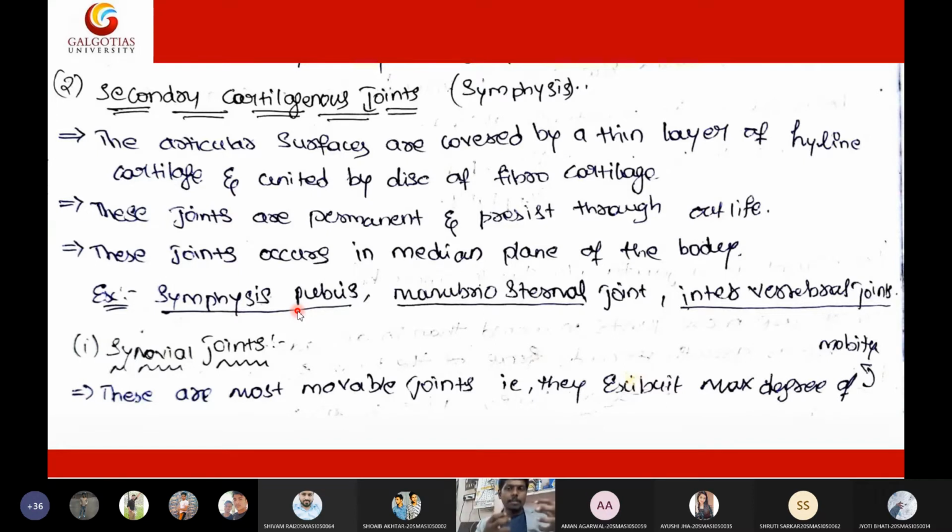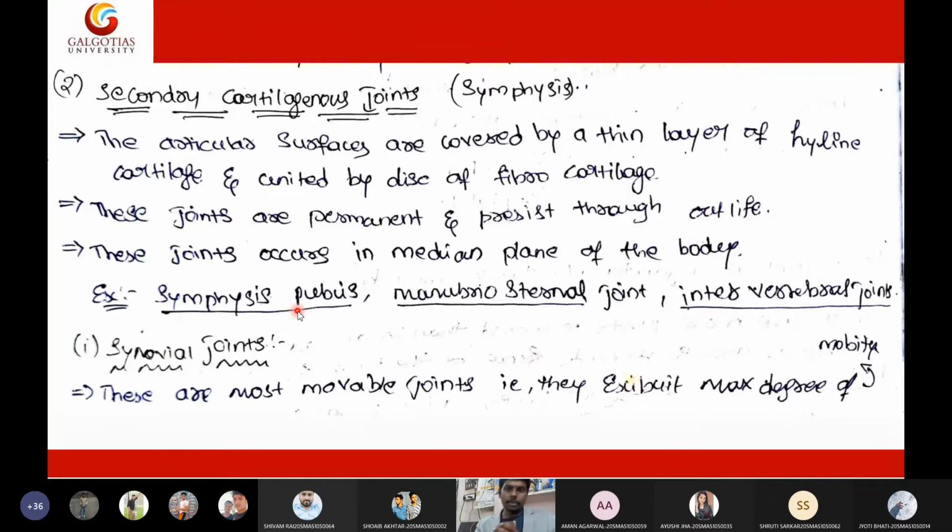That slight movement is given by this joint, called symphysis pubis, the symphysis joint which is present near the pubic bone. Symphysis pubis is a slightly movable cartilaginous joint present on the anterior portion of the hip bone, which helps in delivery of a baby during childbirth.